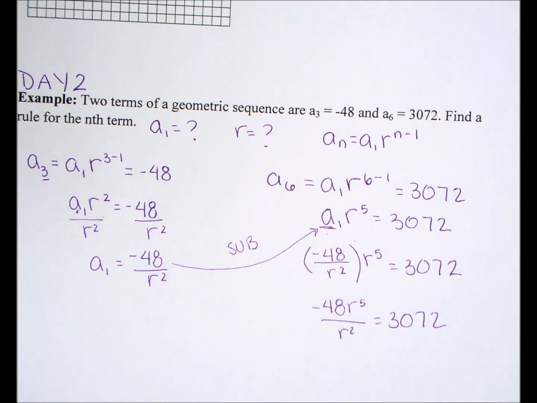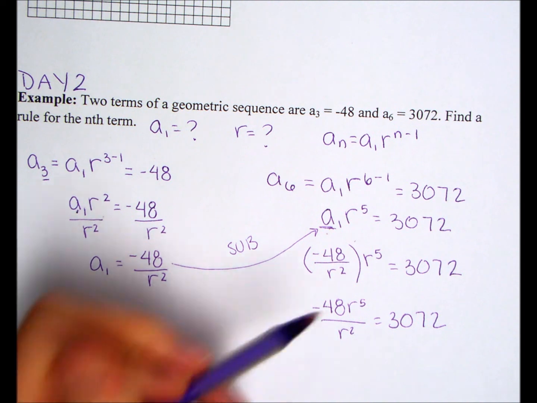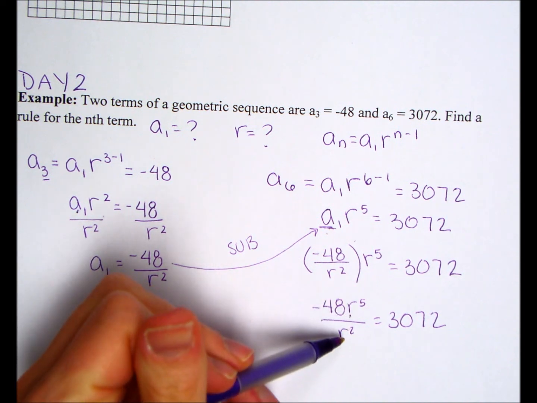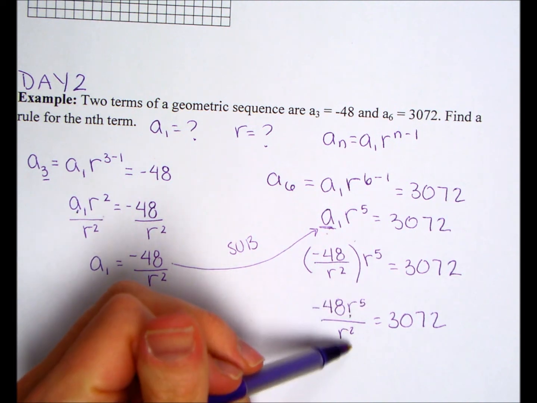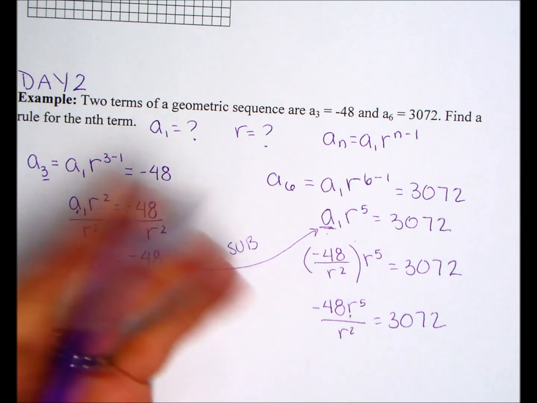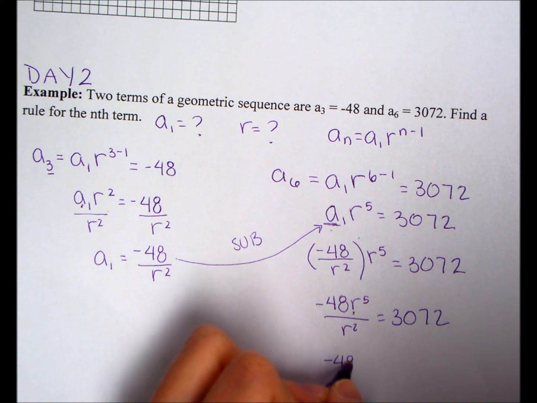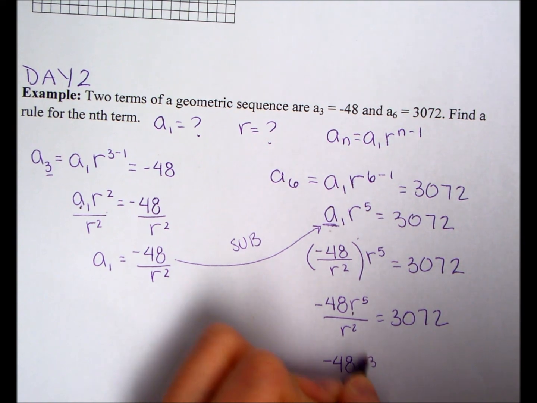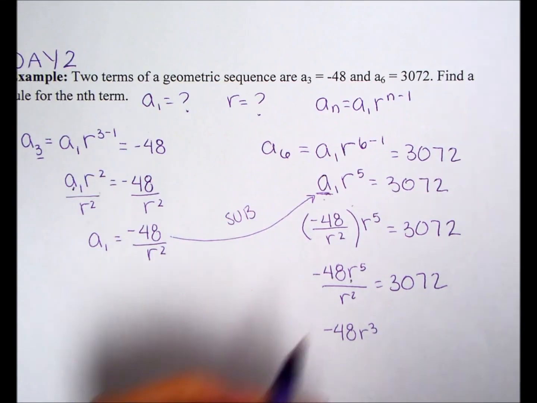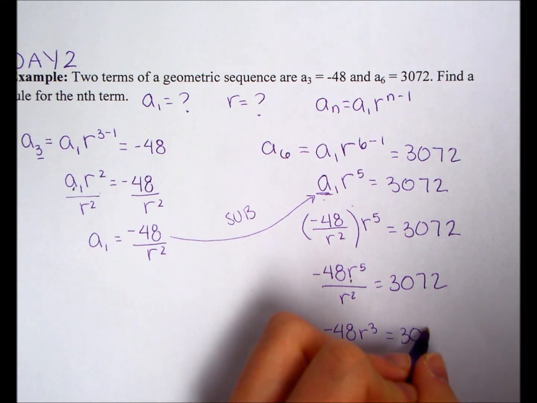Now, we know from our rules of exponents that when you have things with the same base, these r's, one in the top and one in the bottom, you subtract their exponents. Those are rules of exponents. So what this turns into is negative 48 r cubed, 5 minus 2 to give me 3, and this is equal to 3072.